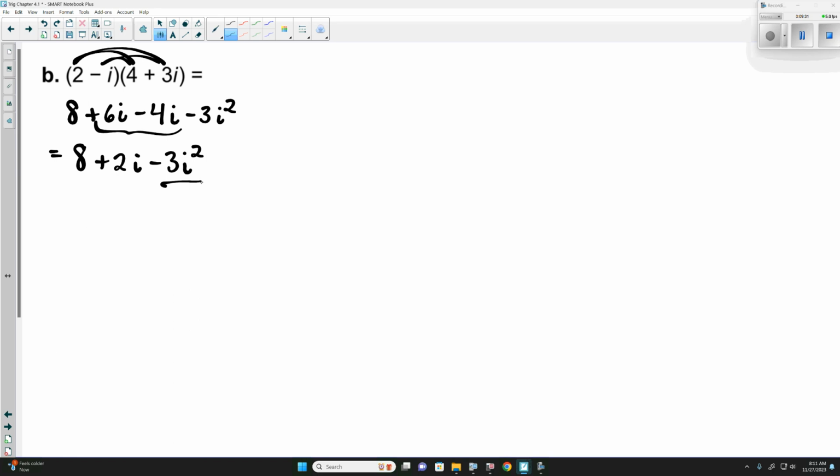Now we didn't delve too much into it for this here because some of it we're glossing over because it's kind of understood at this point. But I is understood to be the square root of negative 1. That's the base of all complex numbers. I is the square root of negative 1. So here, this part that wasn't included, the negative 3I squared, well, the I squared part's what's coming into play. Because if I is the square root of negative 1, when we say I squared, we're saying that we're taking the square root of negative 1 squared.